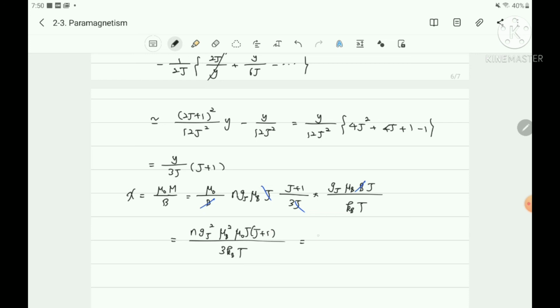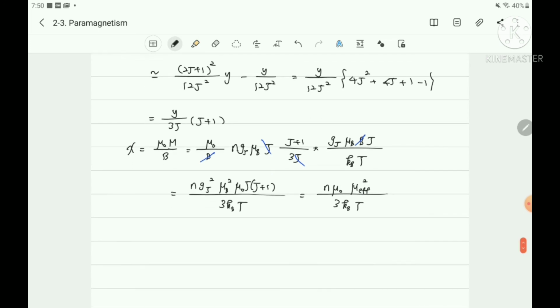Here, let's define that N mu 0 mu effective squared, and it also has 1 over T dependence. Mu effective, the effective magnetic moment, is gJ mu B times square root of J(J plus 1).